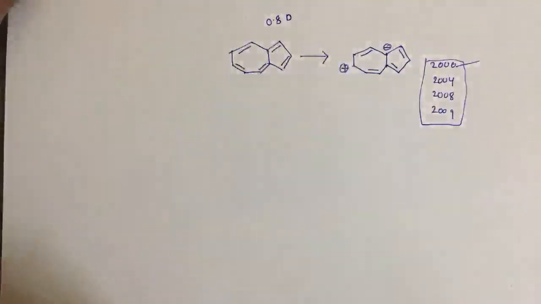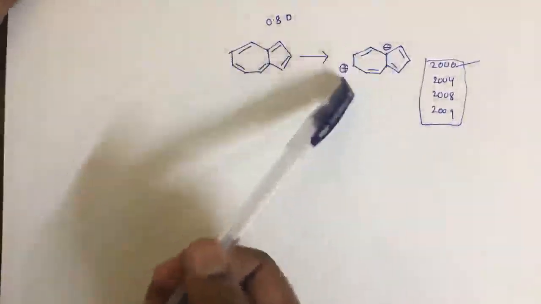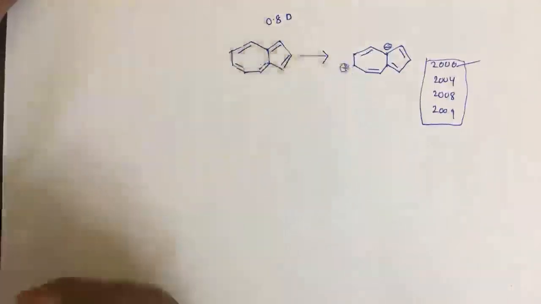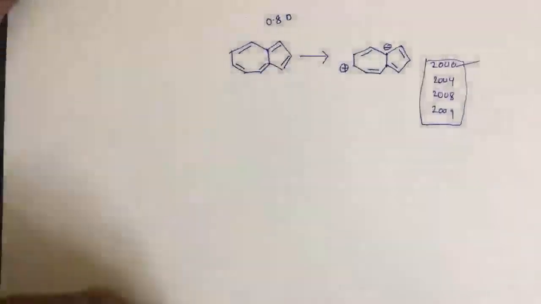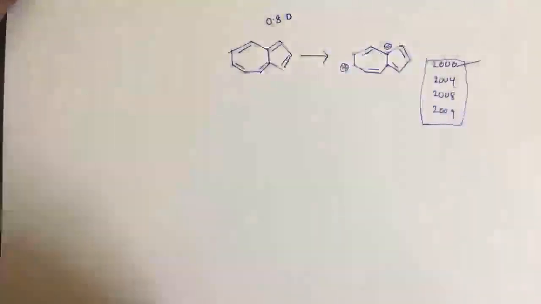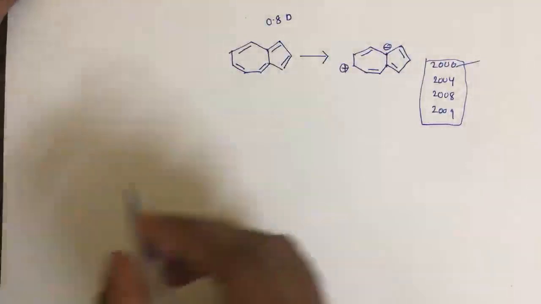So that is the correct answer. Because it's existing in ionic form, both the rings are aromatic, so it's having a 0.8 dipole moment.